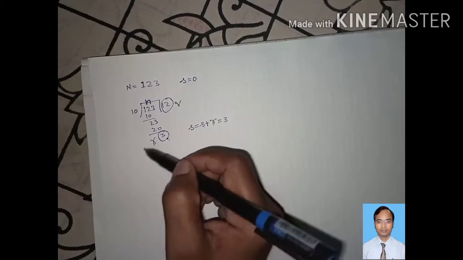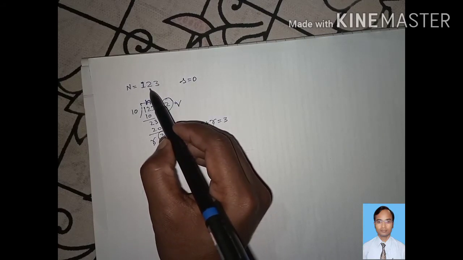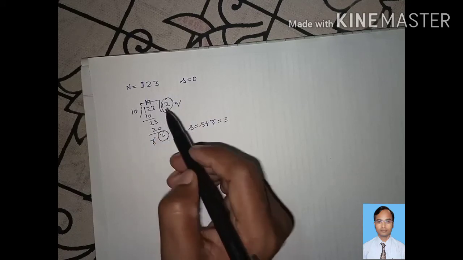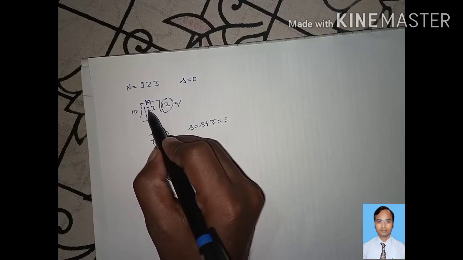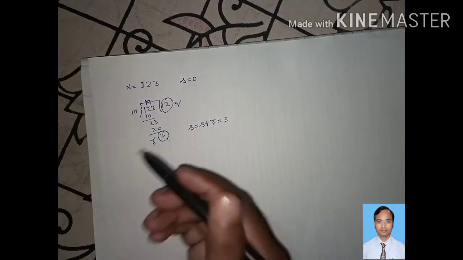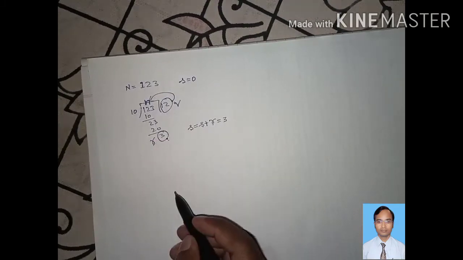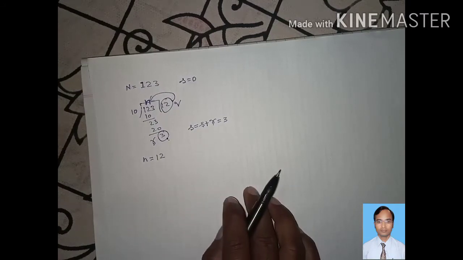So we want to separate this 2, and we have to apply this quotient as our number. It means if I transfer this q to this n, my n will be 12.